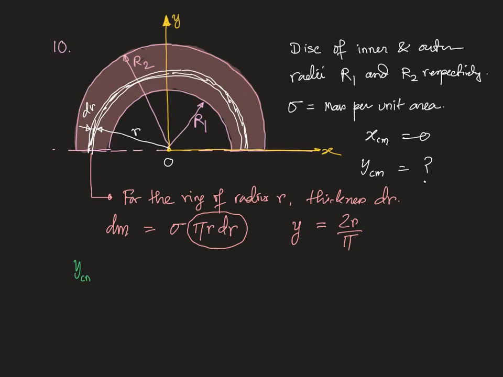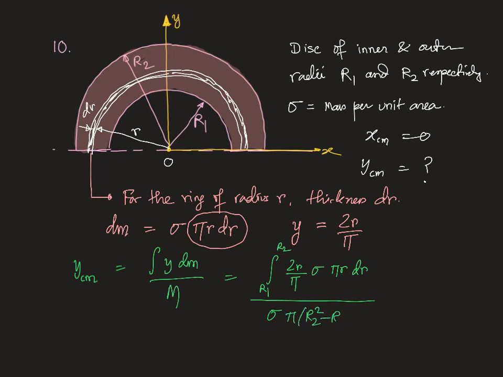So YCM is equal to integral of y dm divided by M. So here integral of 2r by pi into sigma pi r times dr. See, the limits will be from R1 to R2, and here you have sigma pi R2 square minus R1 square. So actually, I have missed out a 1 by 2.